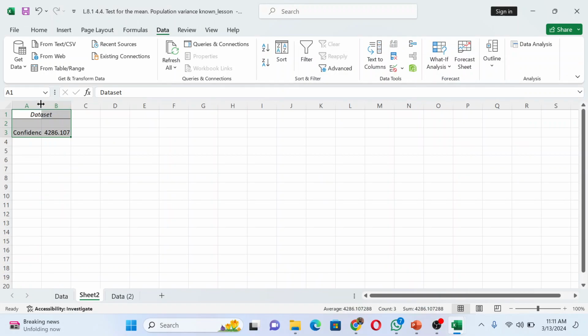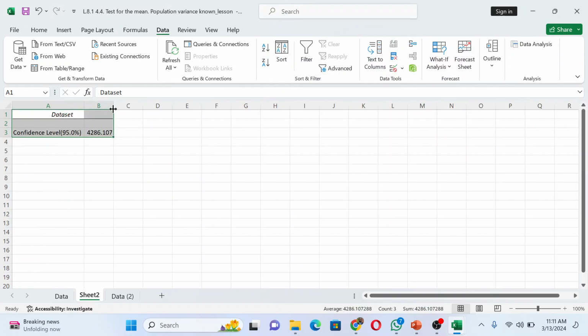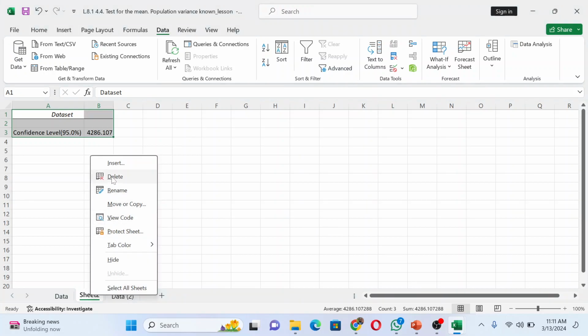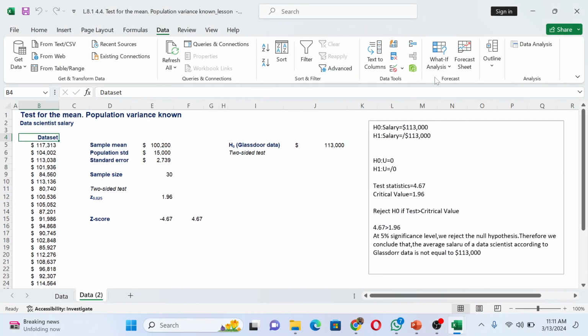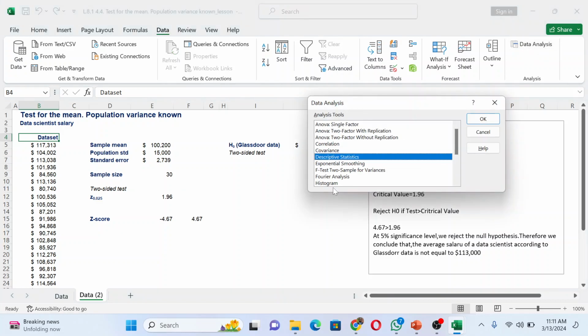Why is it? Okay, there's something I haven't selected. Let me try. I'm trying to see if it's going to give us the p-value on descriptive. On this one, I'm not very sure.